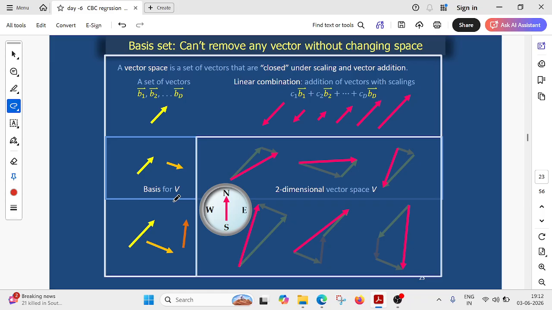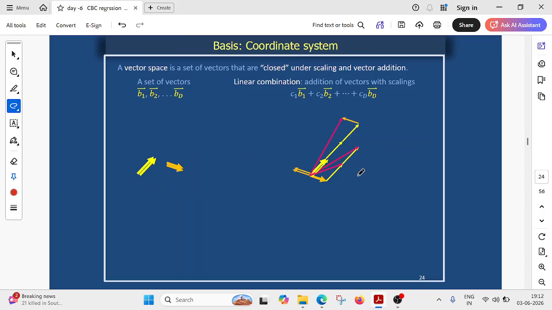So basis of V here, I just explained the basis of V. This is a two-dimensional vector, using the same, and then this is the three-dimensional thing. Without changing the space, that you need to understand. I kept it here: you can't remove any vector without changing the space. Okay, that is the basis.